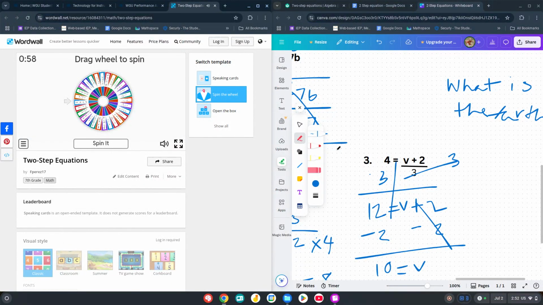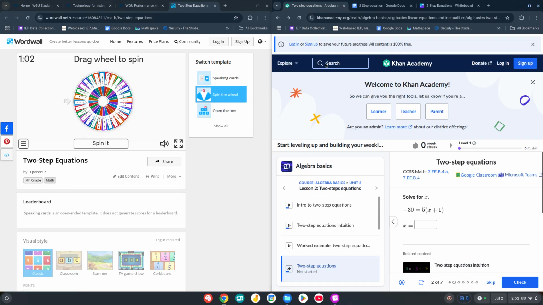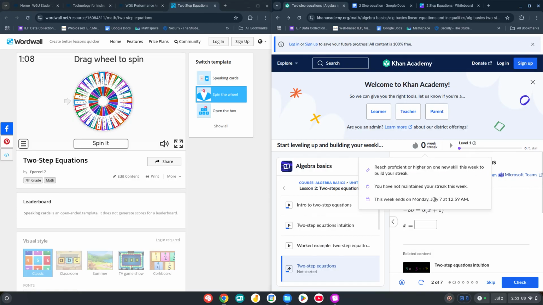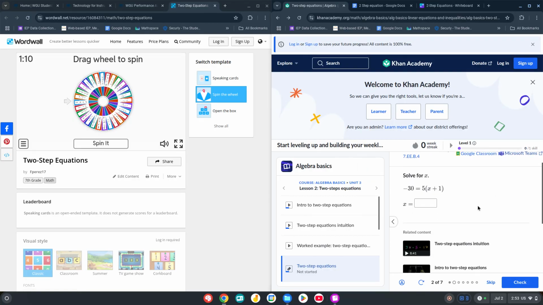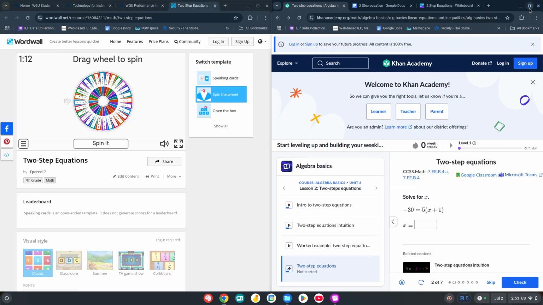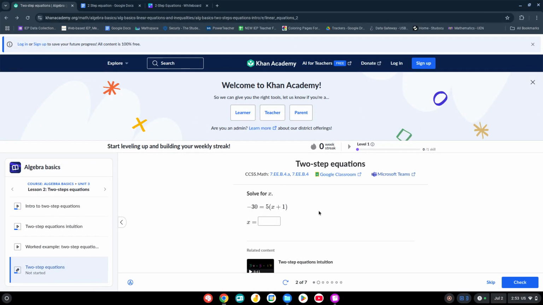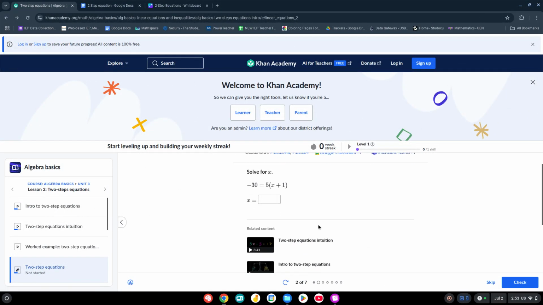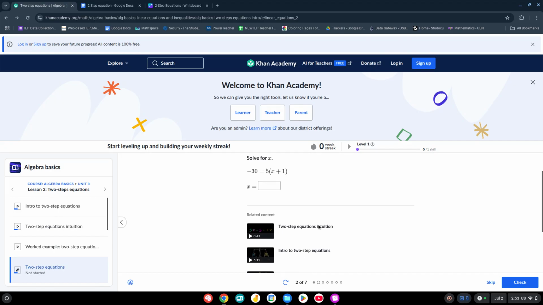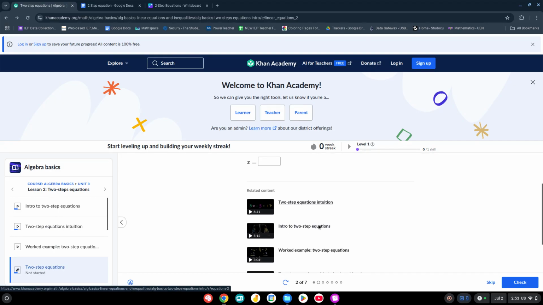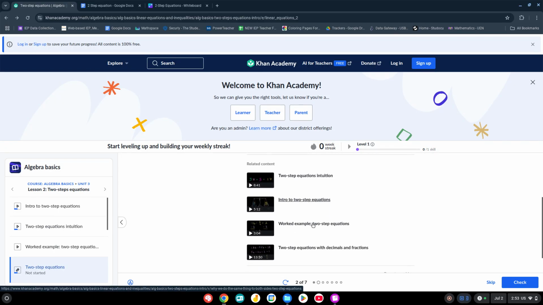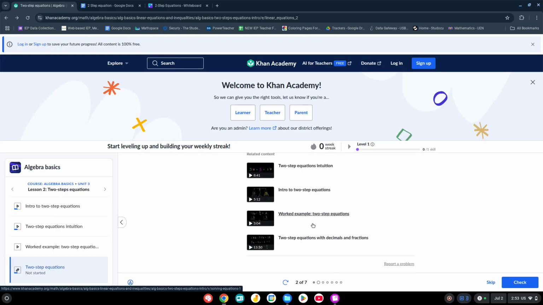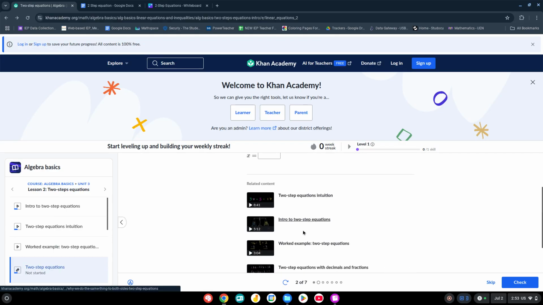And then once that is done, and I've seen how students are doing, I would put this link in Google Classroom and have them solve this 2-step equation activity, and it gives them 7 problems to work out. And the nice thing is that if they are struggling and they want to watch a video really quick, they totally can come here.